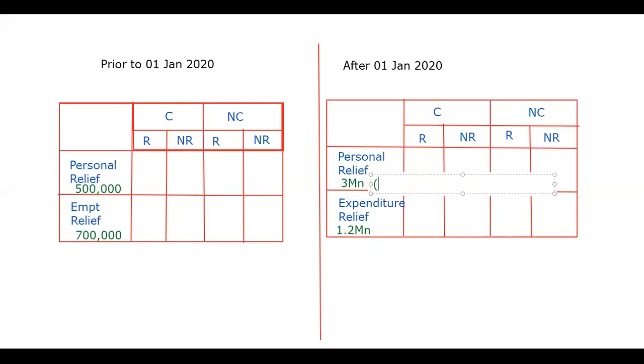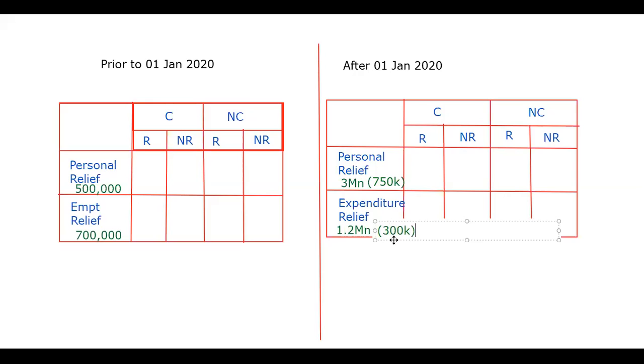The 3 month applicable portion is 750 for 3 months. If you divide 3 million by 12 and multiply by 3, you will get 750. Here 1.2 million, if you divide it by 12 multiplied by 3, then 300,000.